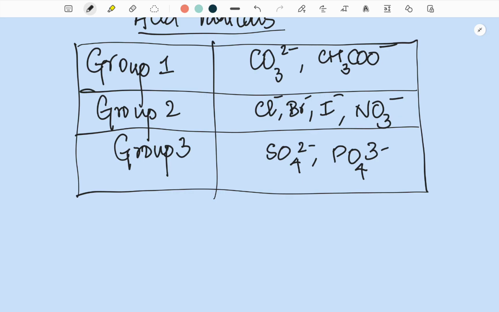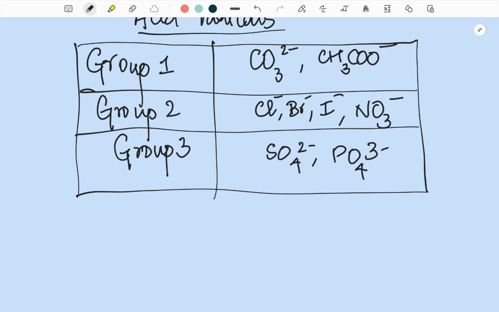So just to confirm that what you have identified is correct, you need to do another test which is known as the confirmatory test. This is common for anions and cations. Even for cations, there are certain identification tests which we need to do. And once we identify the cation, we need to do another test to confirm that what we have observed is right.